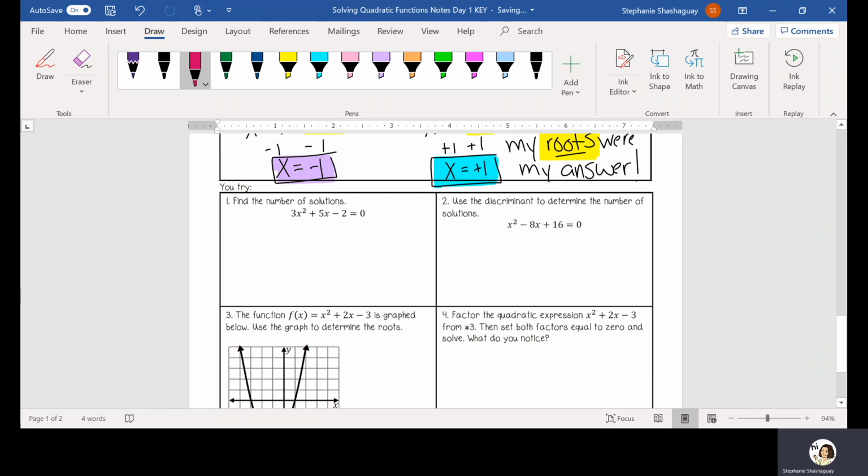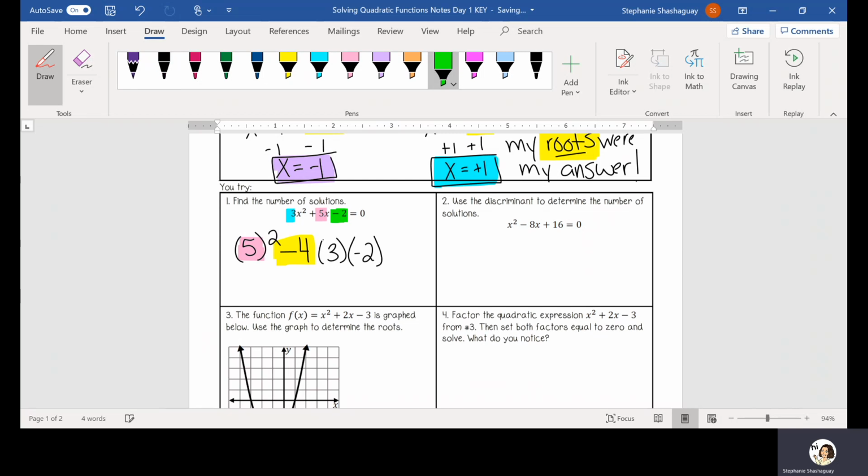So number 1, again, find the number of solutions. So we're going to take our A, B, and C terms and plug it into our b squared minus 4ac. So b squared is going to be 5 squared, right? Minus 4, that's not going to change. Multiplied by my a, which is 3, multiplied by my c, which is negative 2.